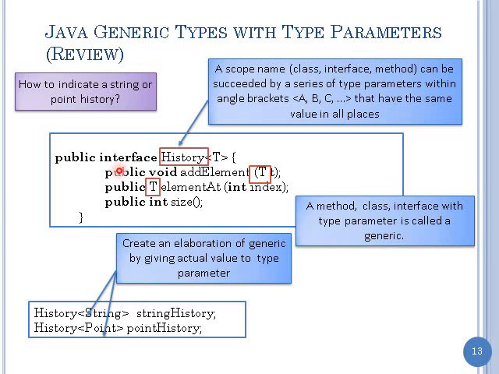Now, how many versions of history are kept at runtime? Or should be kept? I mean, one person knows the answer. They actually already answered that question earlier.